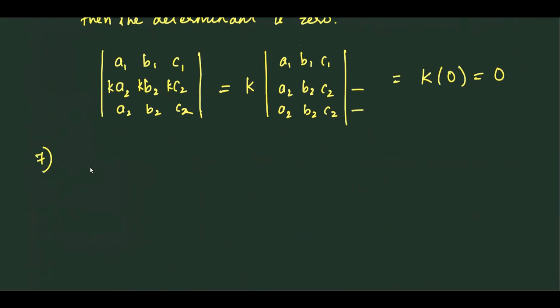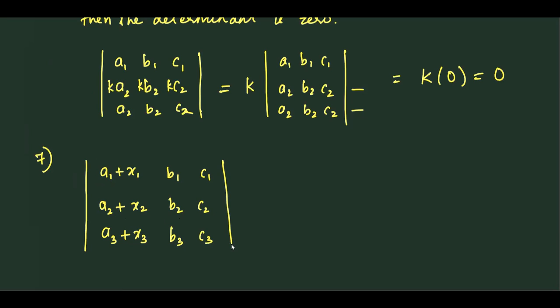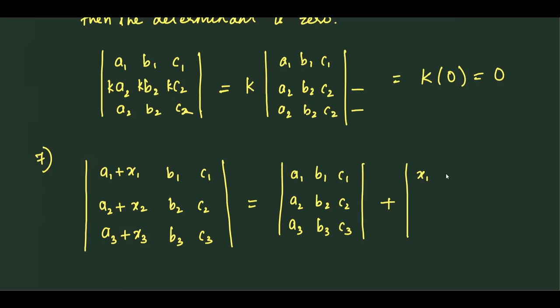This is the property: the determinant of a1 plus x1, a2 plus x2, a3 plus x3, b1 c1, b2 c2, b3 c3 will be equal to the determinant of a1 b1 c1, a2 b2 c2, a3 b3 c3 plus the determinant of x1 b1 c1, x2 b2 c2, x3 b3 c3.